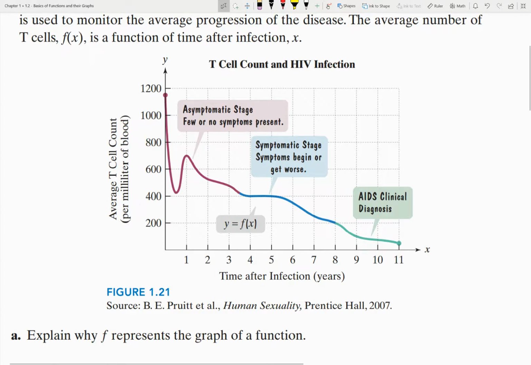So let's look at this real quick. In the red purplish part, we have asymptomatic, few to no symptoms. Then as our number of T cells goes down, we get to the symptomatic stage in the blue, and then the actual AIDS disease in the green.